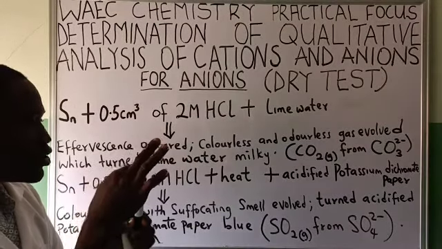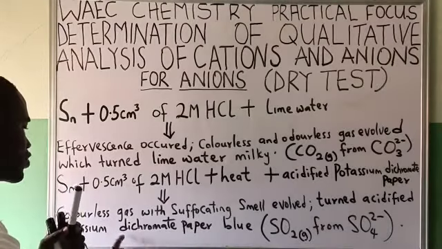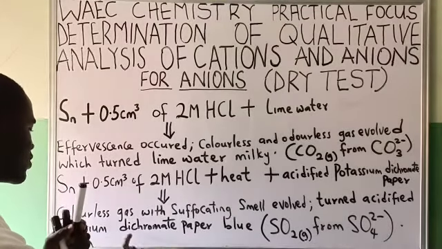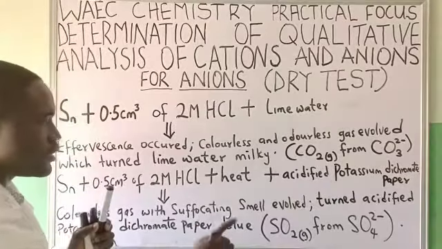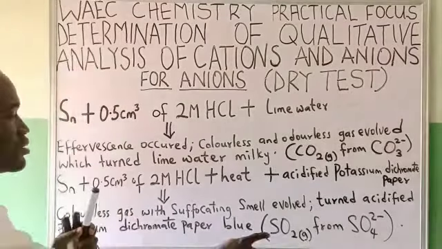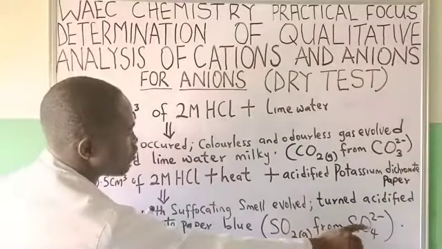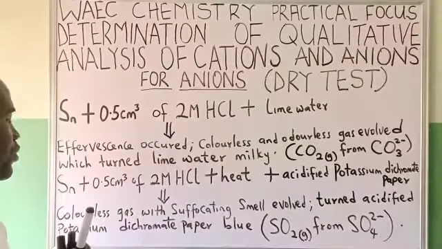When you bring it close and it succeeds to what? Turn the potassium dichromate paper blue. That means SO2 gas from SO4 2- anion is present.